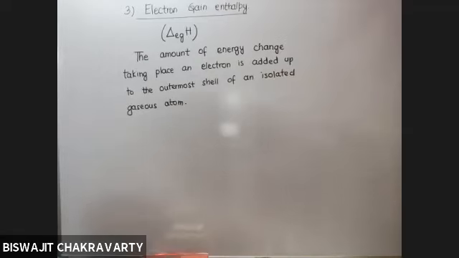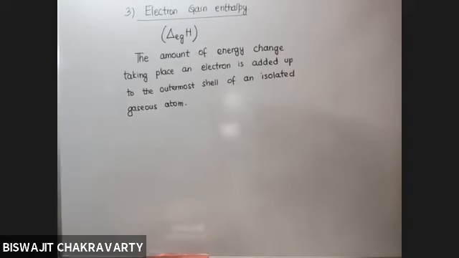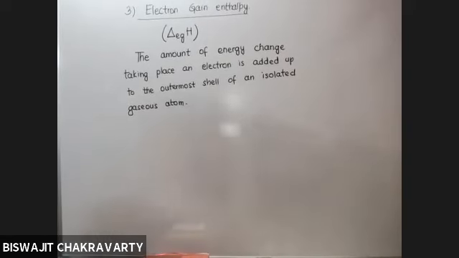Sir, you are not audible. Shell of an isolated gaseous atom. So again, why are we supposed to take the atom in the isolated gaseous state? So that there is no influence by the neighborhood atoms, and that is why. Sir, the voice is low. Sir, you are not audible. I'm not audible. No, sir, your voice is low.